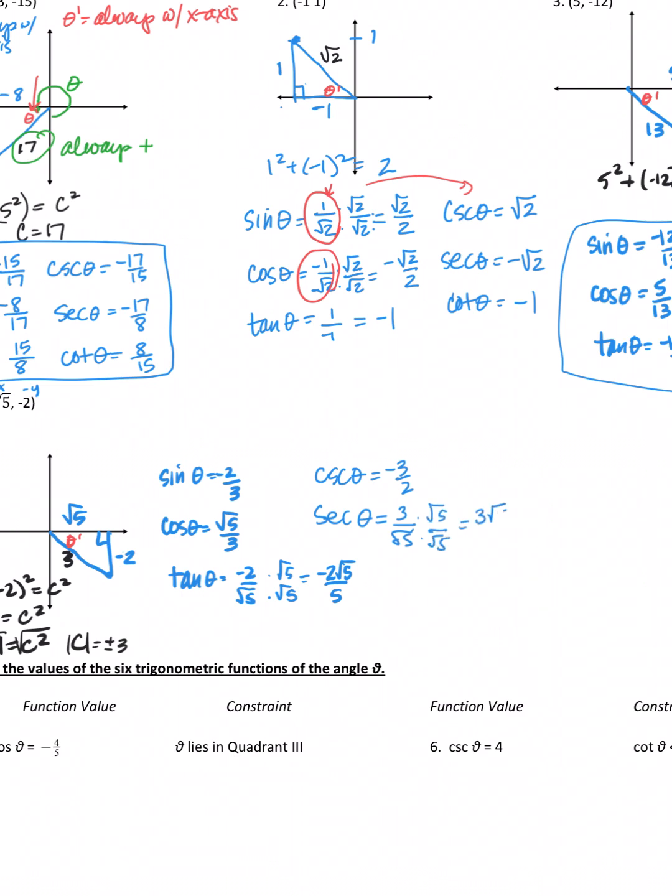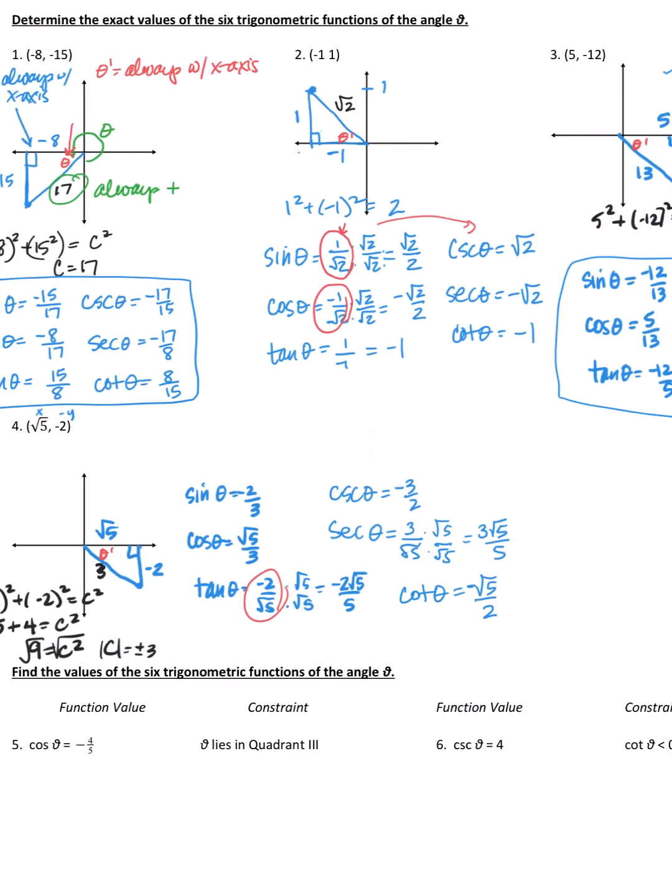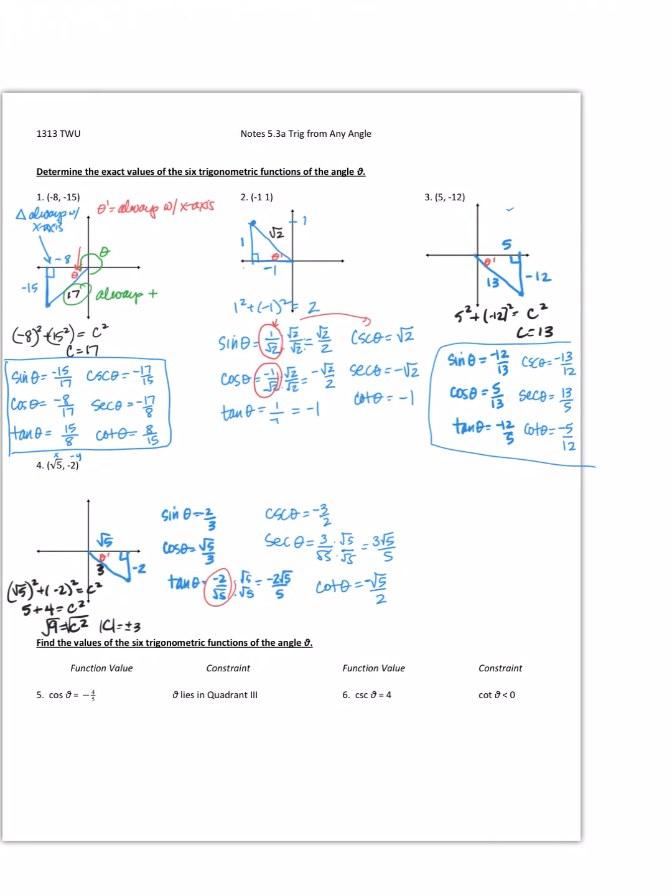So I'm going to have 3 square roots of 5 over 5. The cotangent of theta, remember the little trick, go back before I rationalize it and flip it there. Here I get the square root of 5 over 2, and the negative is still there. Okay? So you're going to be doing some of that for me today.